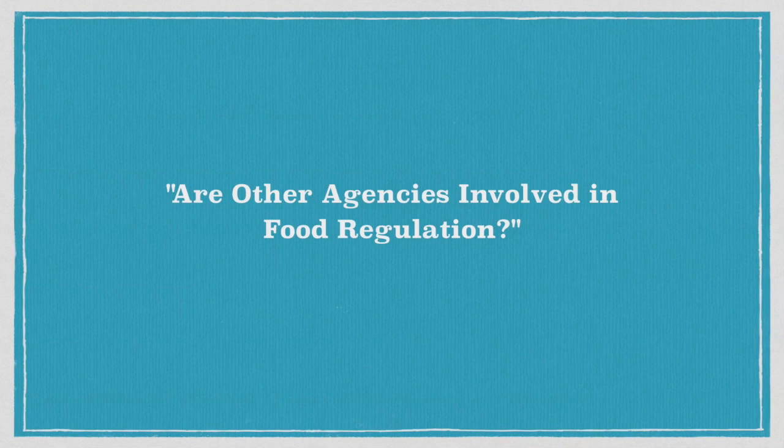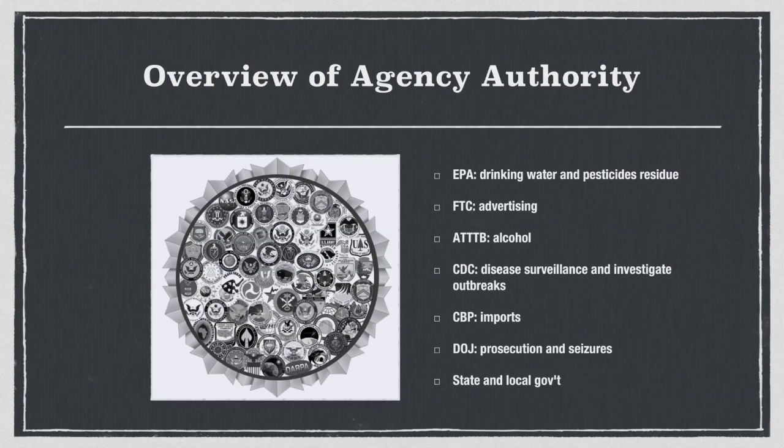As you know, coming from 6110, this question we tackled for 6 weeks. Are there other agencies involved in food regulation? For those that are just joining in 6110, here is a small list of some of the agencies that will come into play and could be involved at various stages of the regulatory life cycle. And for our purposes in 6130, we simply don't have time to get into each and every one of these.